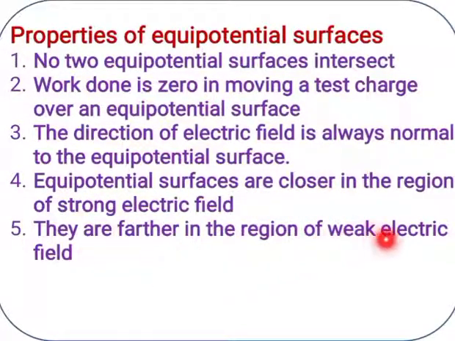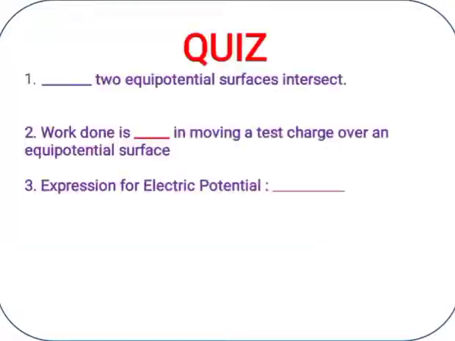If the electric field is weak, then the equipotential surfaces are farther. The distance is more. So these are a few properties of equipotential surfaces.